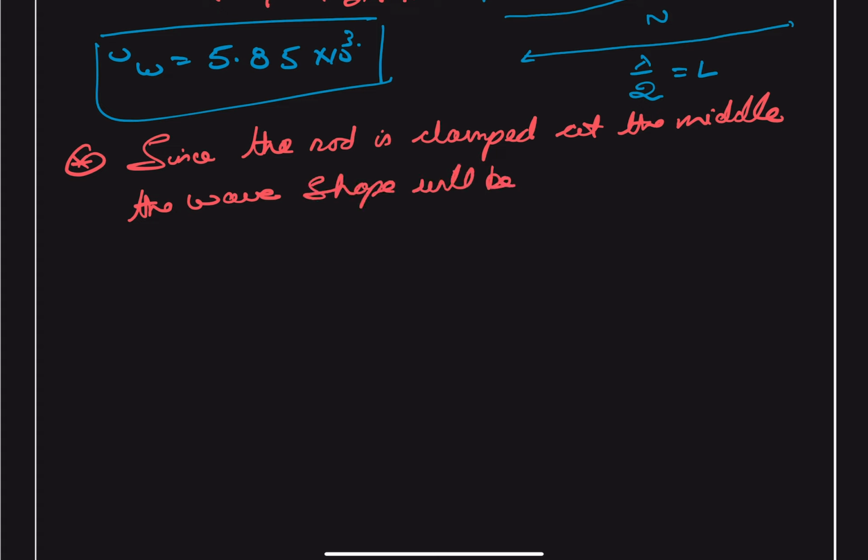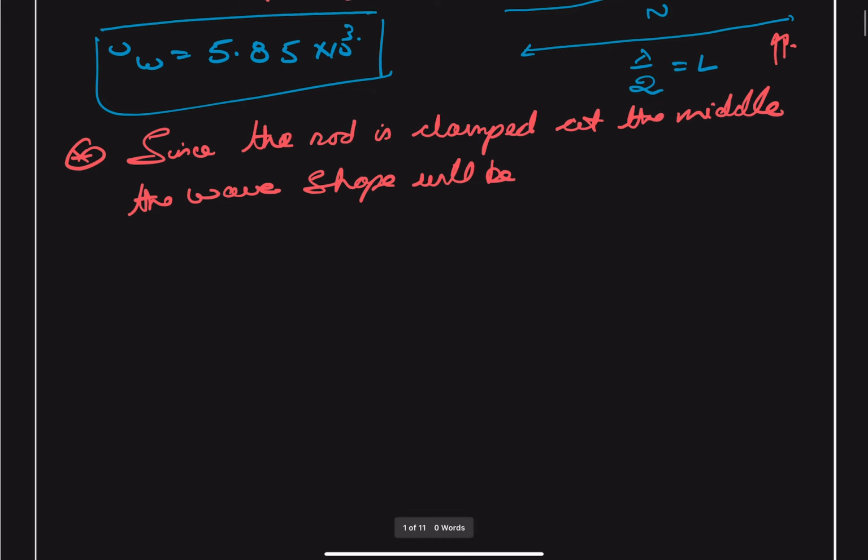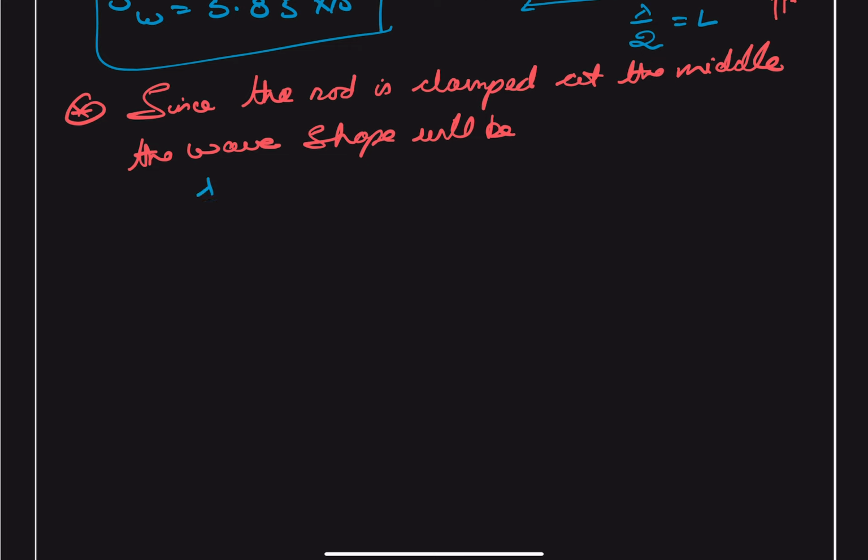So from the figure, we can say our lambda by 2 will be equal to our length, or lambda will be equal to 2 multiplied by the length, and the length is given to us as 60 centimeter. So we can say this will be 0.6 and giving us a wavelength of 1.2 meters.